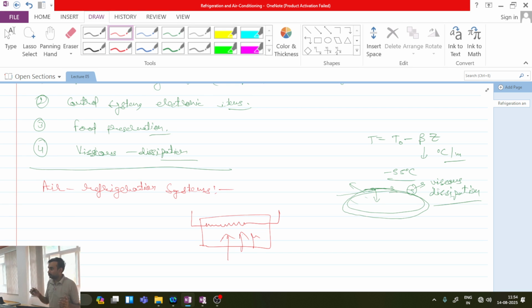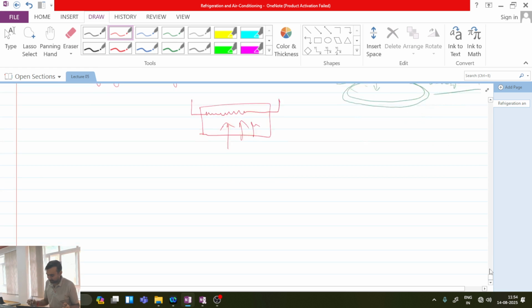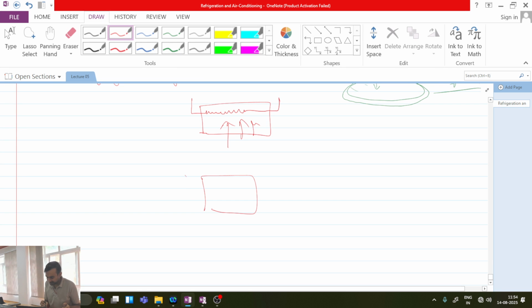But if I use an air refrigeration system, then after the turbine, I can directly dump the air into the cabin, and I can directly suck the air from some other point. So the weight of the heat exchanger is also gone. I need not use a heat exchanger at the exit of the turbine.